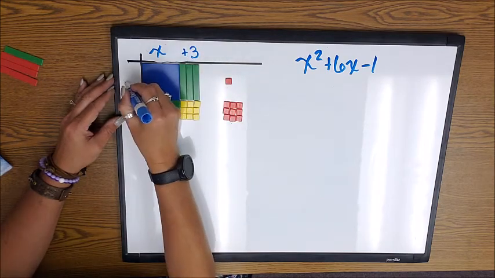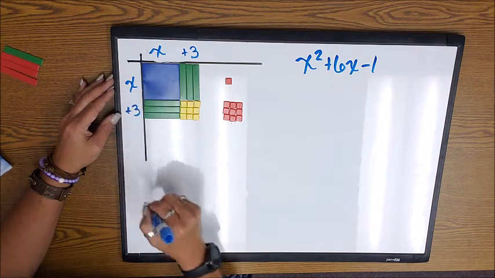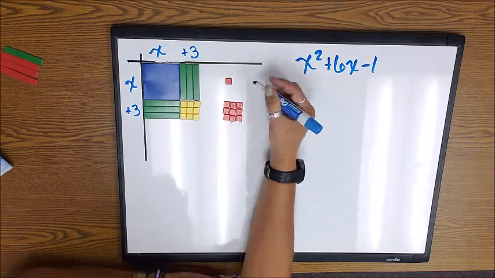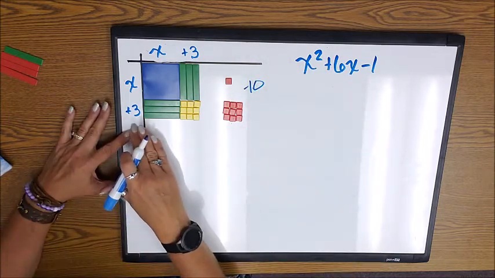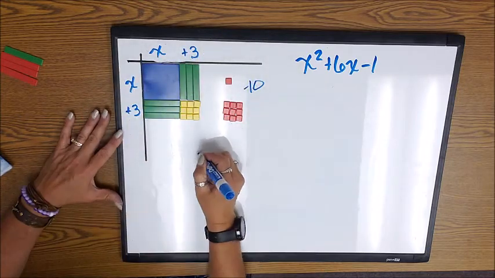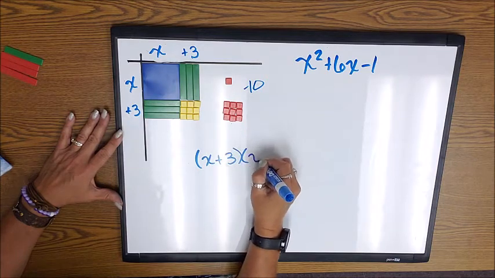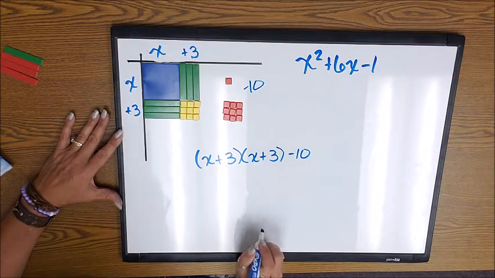This is x, and this is again plus 3. Now what I have out here is negative 10. So when I rewrite this, I need to take into account all of these. So I have an x plus 3, I have an x plus 3, and I have a minus 10.